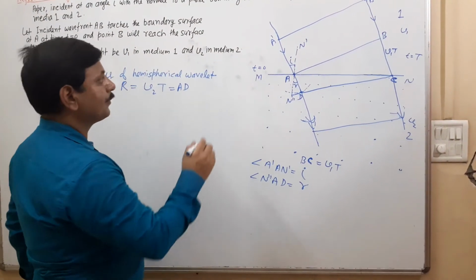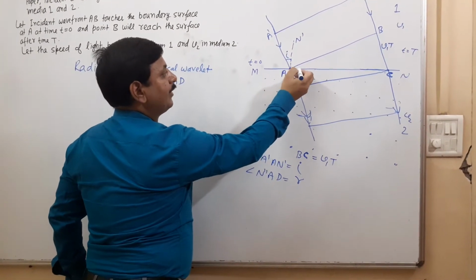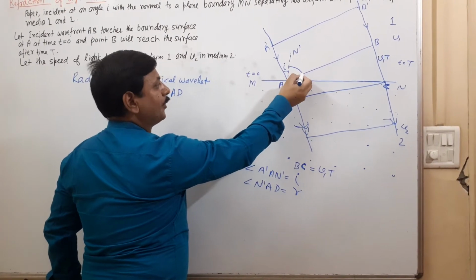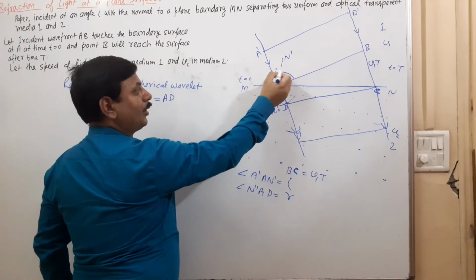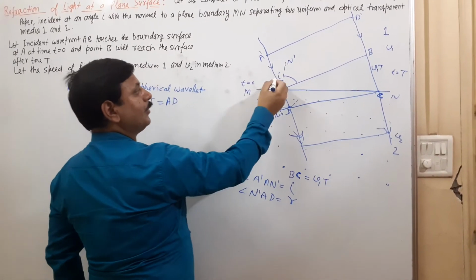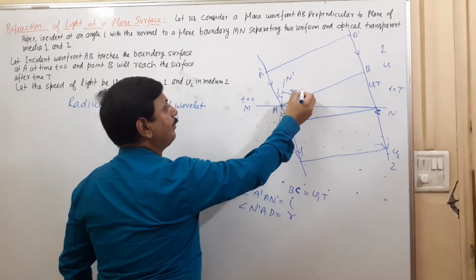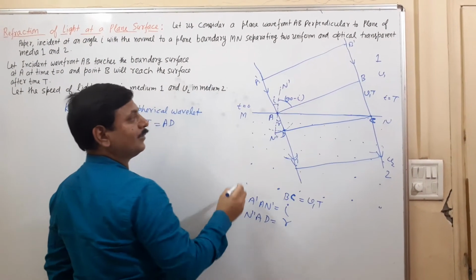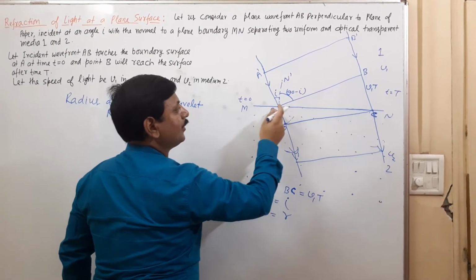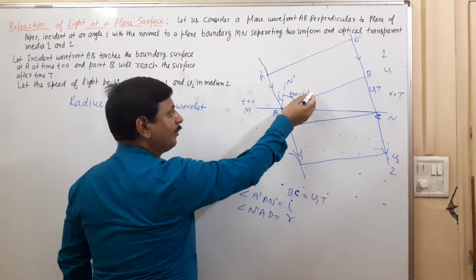See here, this is perpendicular to this. The total angle is 90 degrees. So what will be this angle from here to here? The total is 90 because the ray is perpendicular to the wavefront. This is i, so this is 90 minus i. Also N dash A is perpendicular to this AC, so total 90, so 90 minus i.